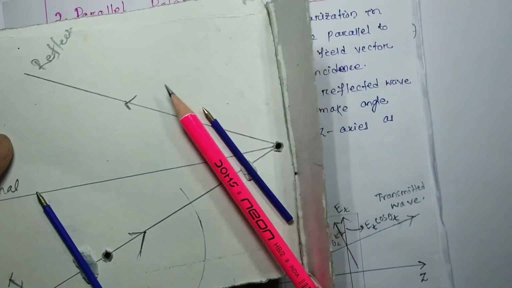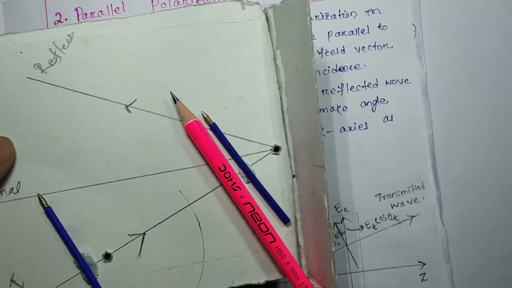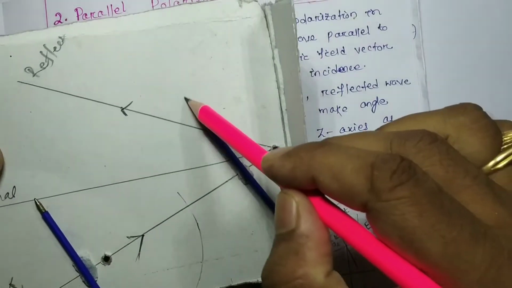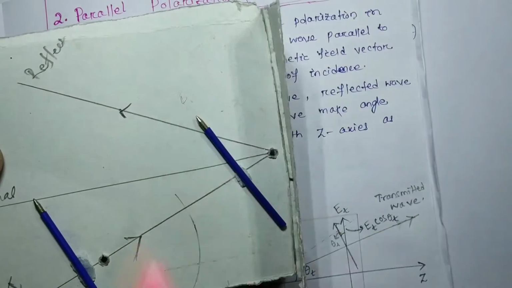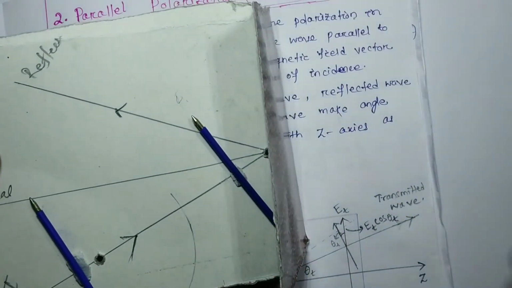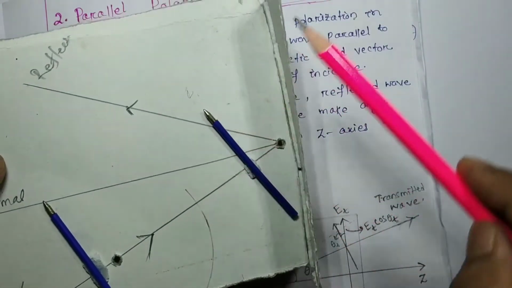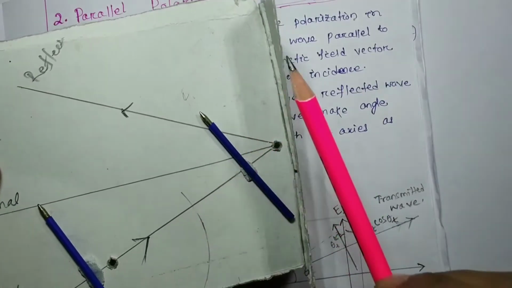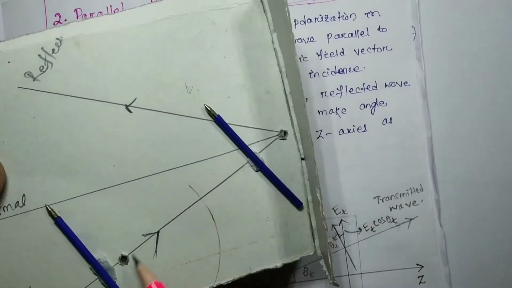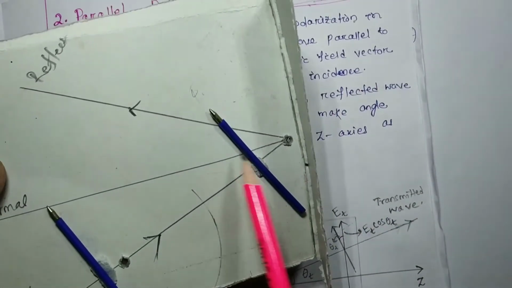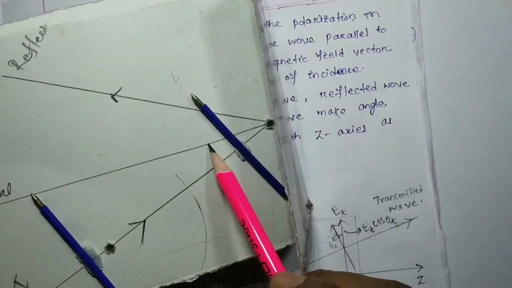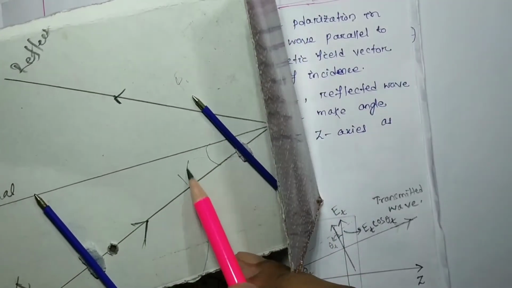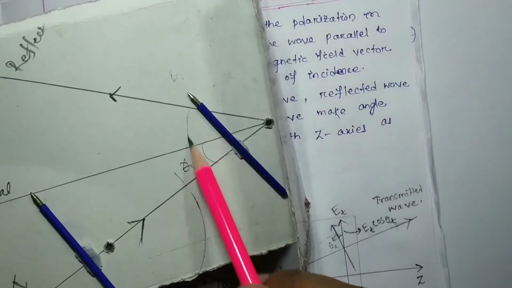If this component is your Ei, it is not tangential to the interface, but it is Ei cos theta i. See, this is your incident wave and this is your reflected wave. This angle is your theta i and this is your theta r.